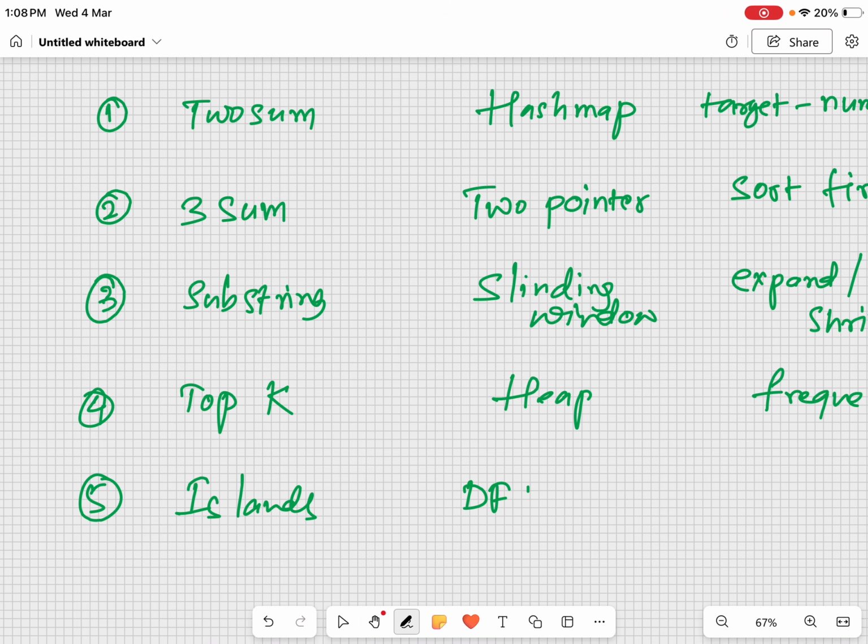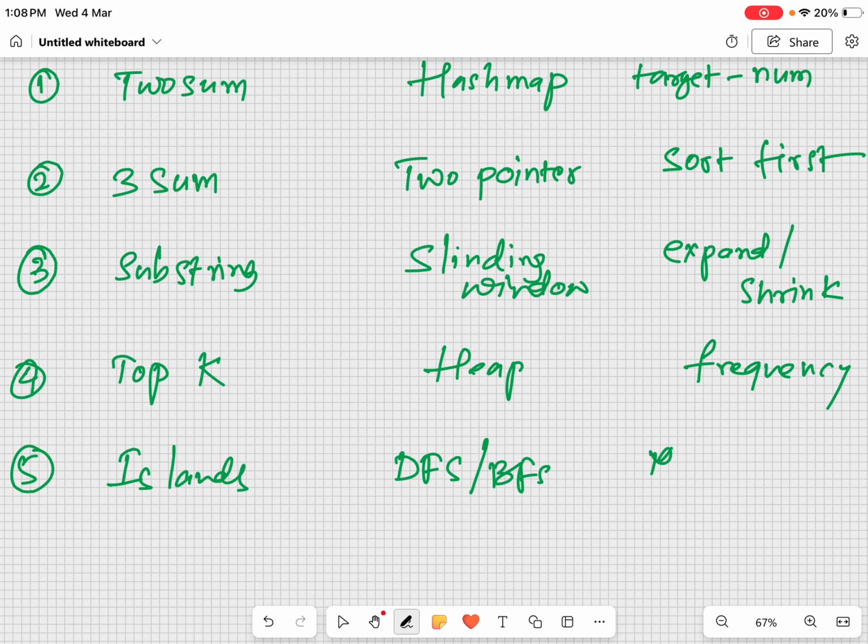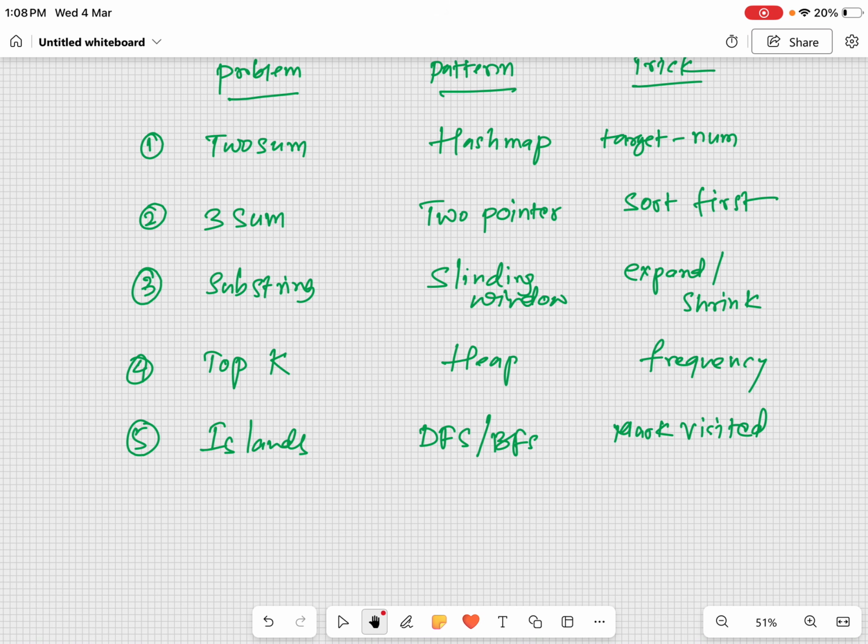So here we use DFS and BFS, and the trick is mark visited nodes. So as I said, instead of memorizing solutions, we focus on three things: problem, pattern, and trick. Correct?